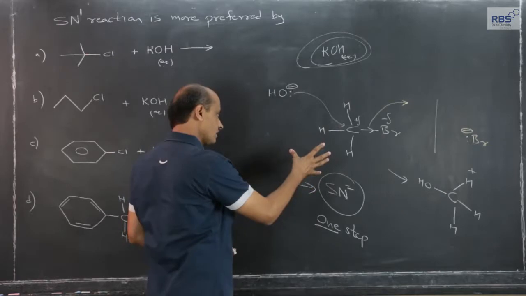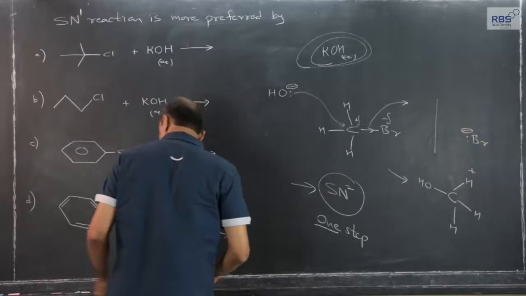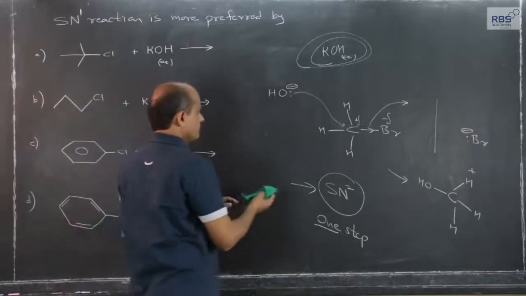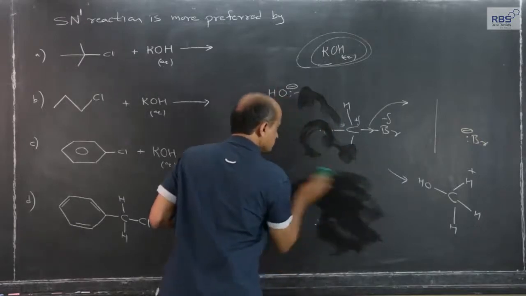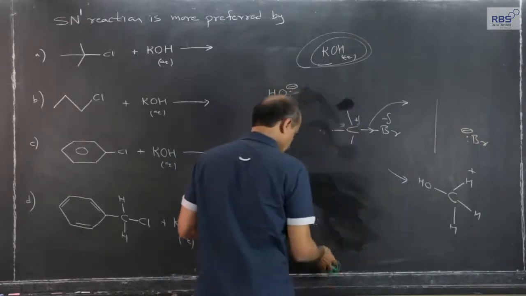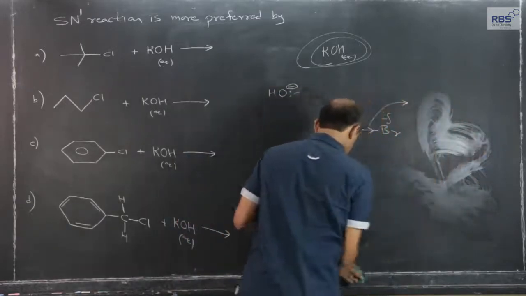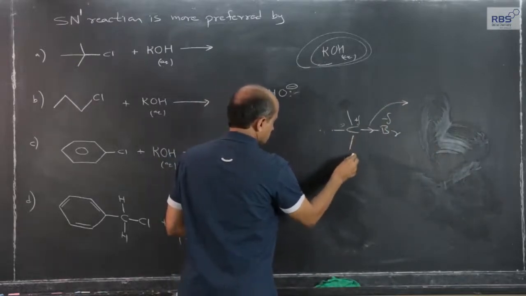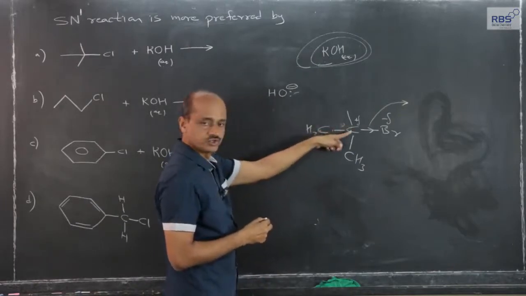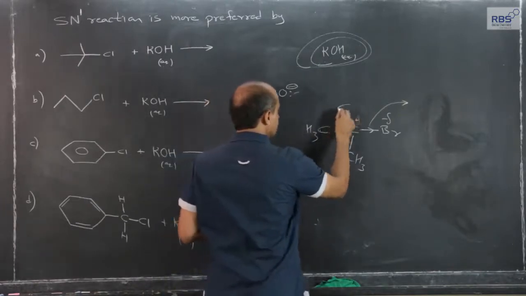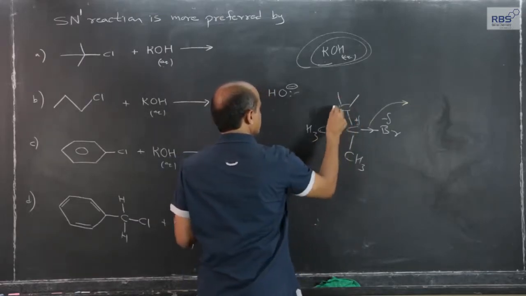Now, I will change the alkyl halide. Instead of methyl bromide, if it is tertiary butyl bromide, carbon is actually sp3, 109 degree angle, although I have written in this fashion, actual overlapping of carbon with carbon, CH3, isn't it?